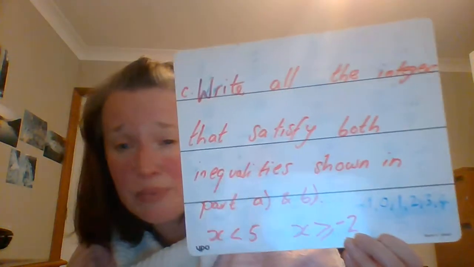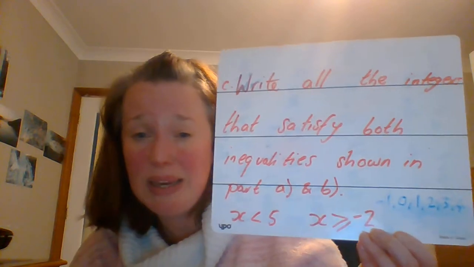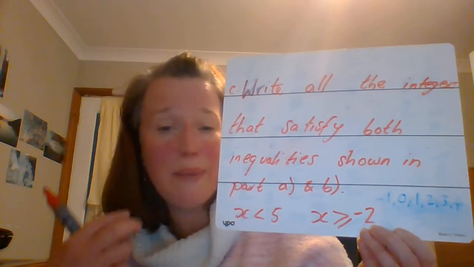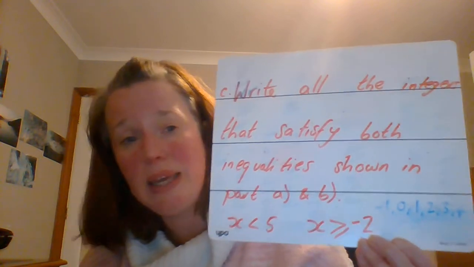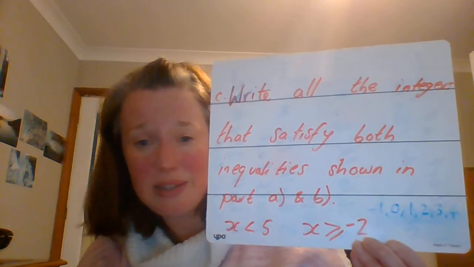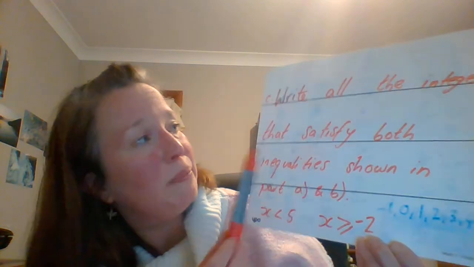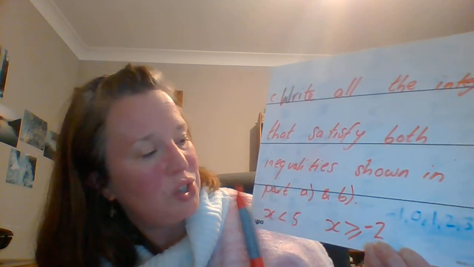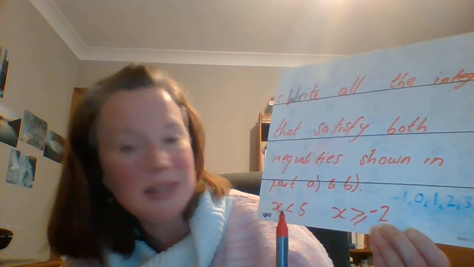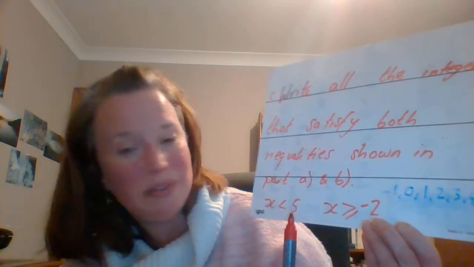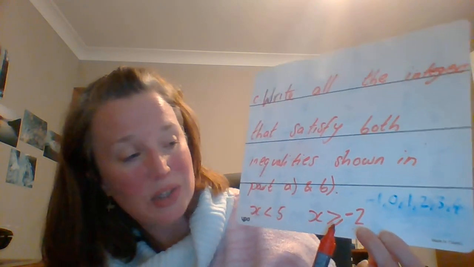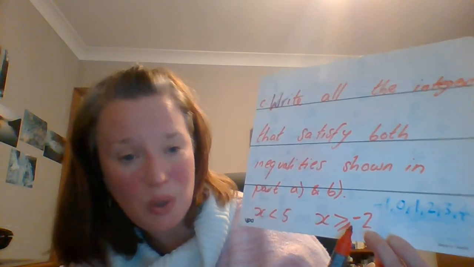Okay, thinking about C, all the integers. Now, we had a lot of messages about integers, and I did explain it in my little verbal instructions. I knew that you would understand this very simply. It's the range of numbers in between these numbers. So, for example, write all the integers that satisfy both inequalities shown in parts A and B. Part A's answer was x is smaller than 5, and part B's answer was x is greater than or equal to -2.